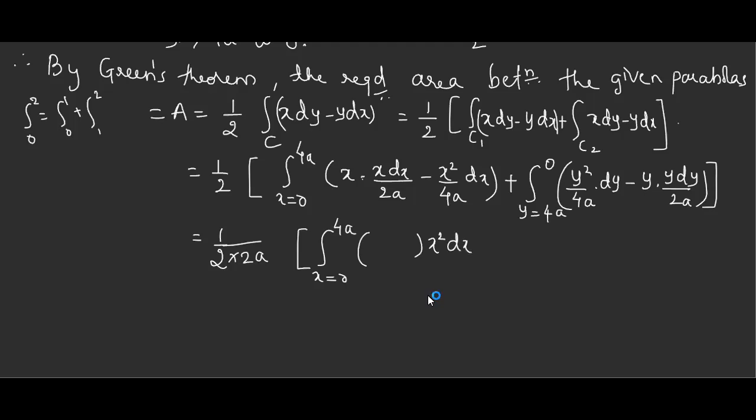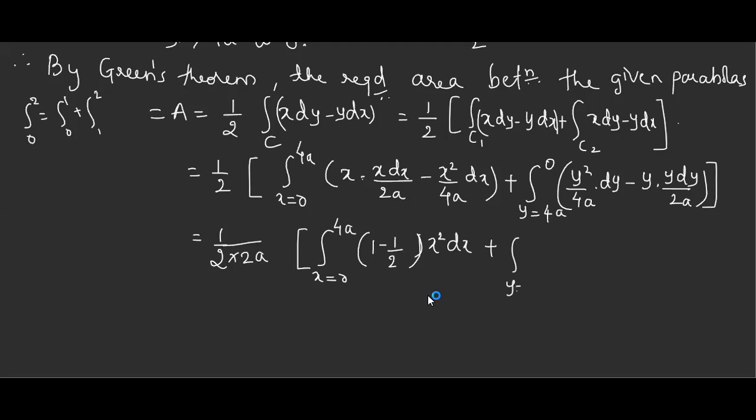Tell me what is remaining. 1 by 2a is out, x square is out, minus 1 by 2a is out, only 1 by 2 remains, because this is 4a. 2a is out means 2 remains.